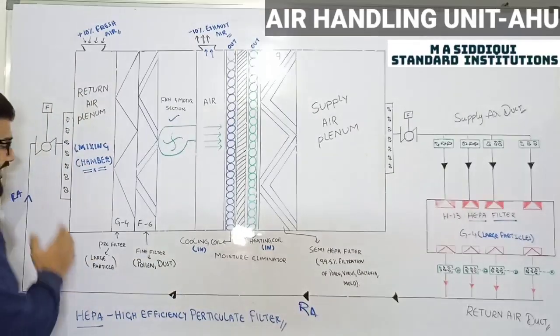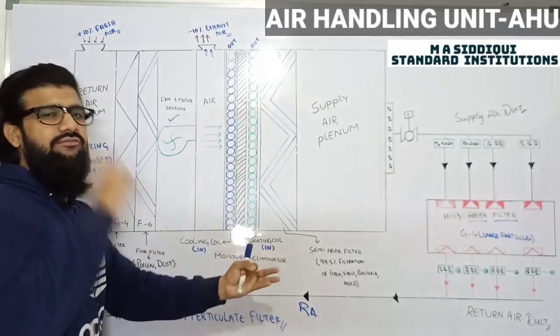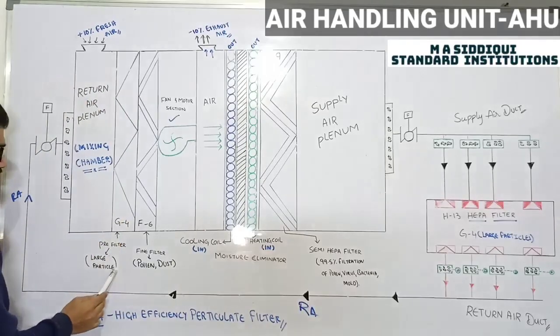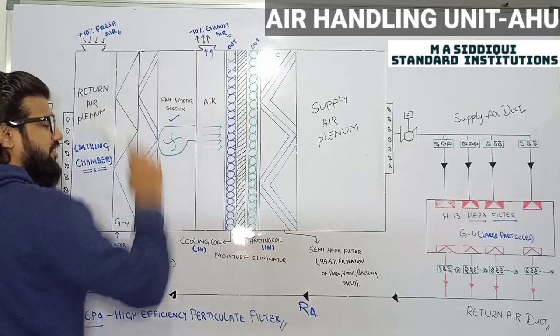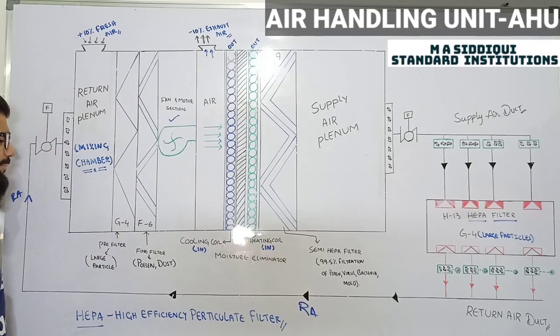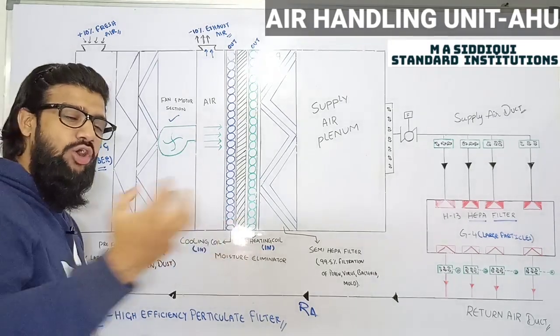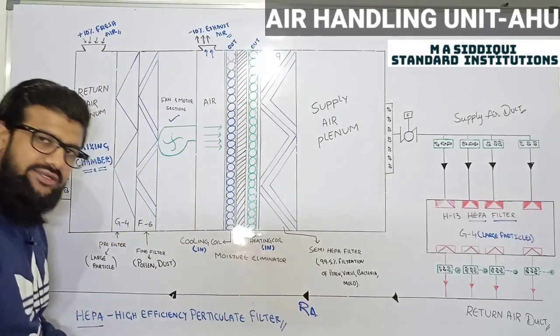Now, this air, we have to filter from the particles, from the pollen, from the dust. For that reason, we have already provided a G4 pre-filter in your air handling unit. This is the pre-filter section. We are providing a G4 filter over here. It takes all the large particles from the fresh air as well as from the return air.